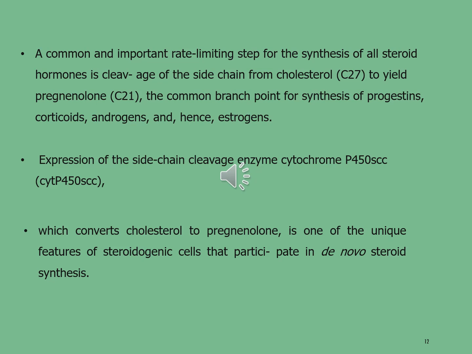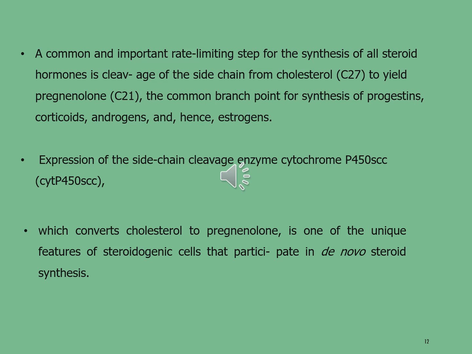This is the common branch point for the synthesis of progestins, corticoids, androgens, and hence estrogens. Means, first of all, pregnenolone is synthesized from the cholesterol molecule by the cleavage of the side chain of the cholesterol, and after that all other hormones, that are progestins, corticoids, androgens, and estrogens, are derived or synthesized from pregnenolone, that is carbon 21.